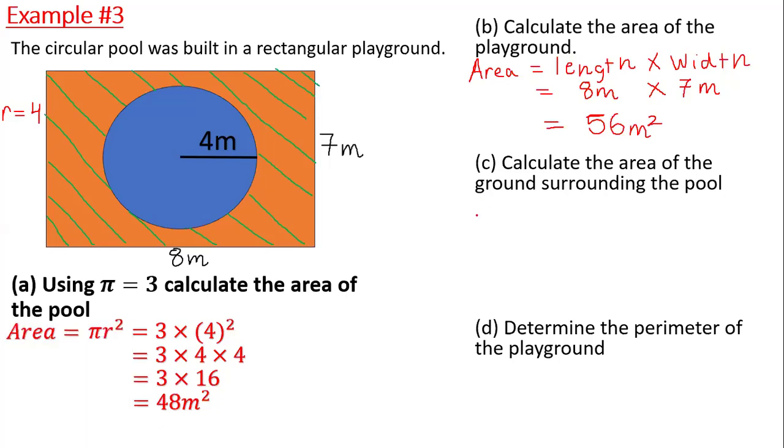So area is going to be equal to 56 meters squared minus 48 meters squared. When we subtracted, what did y'all get? 8 meters squared.